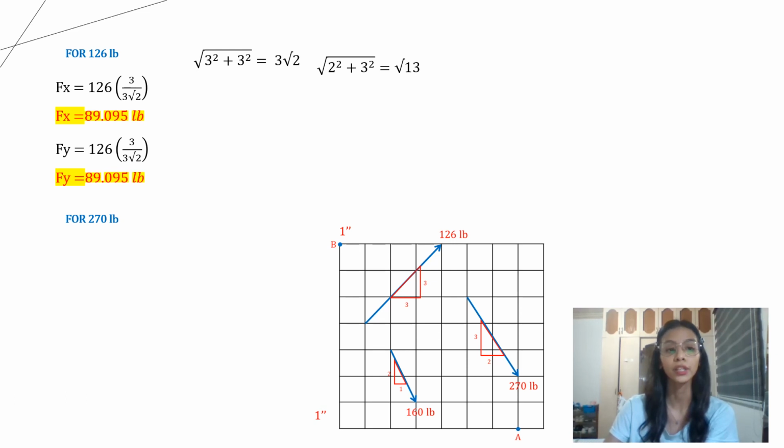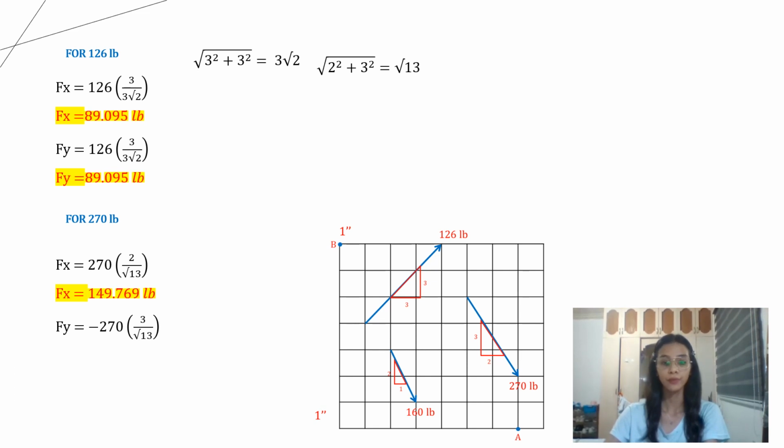So our Fx is 270 times 2, our x is 2, over the square root of 13. Our Fx is 149.769 pounds.